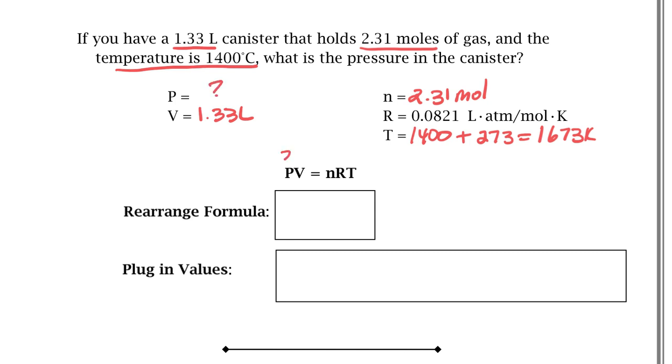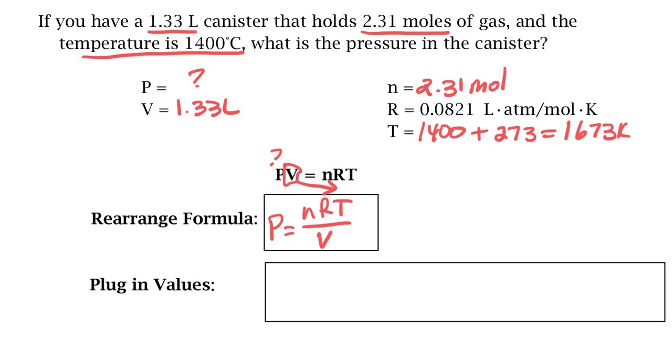Rearrange my formula. Pressure is my unknown. That means that volume is going to slide underneath. So P is equal to nRT over V. Now I'm going to substitute in my numbers. N was 2.31 moles.